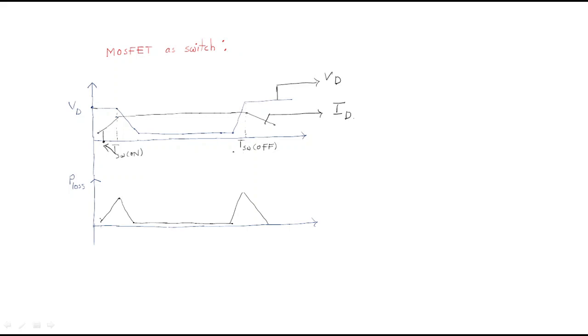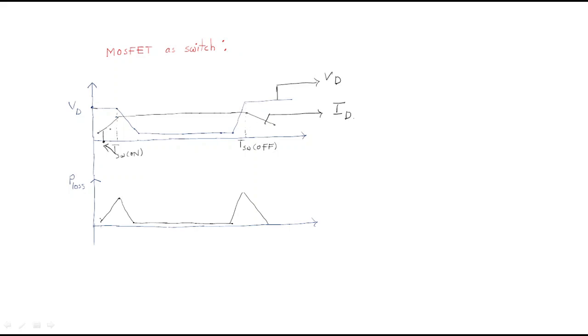After completion of the switching, whenever the switch is off, the drain voltage increases, that means the output voltage increases, and the output current decreases.